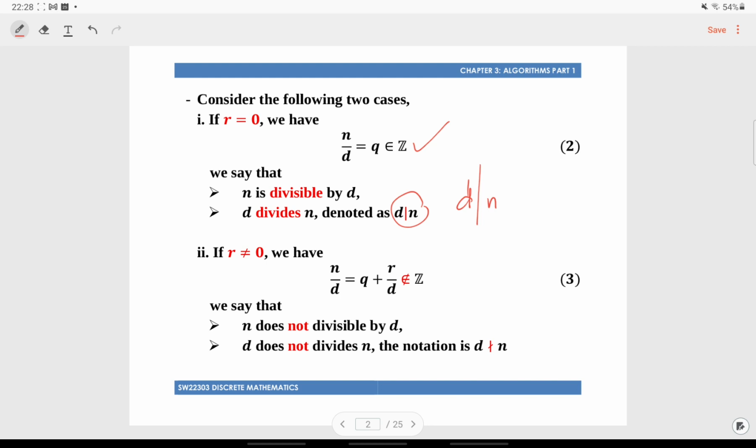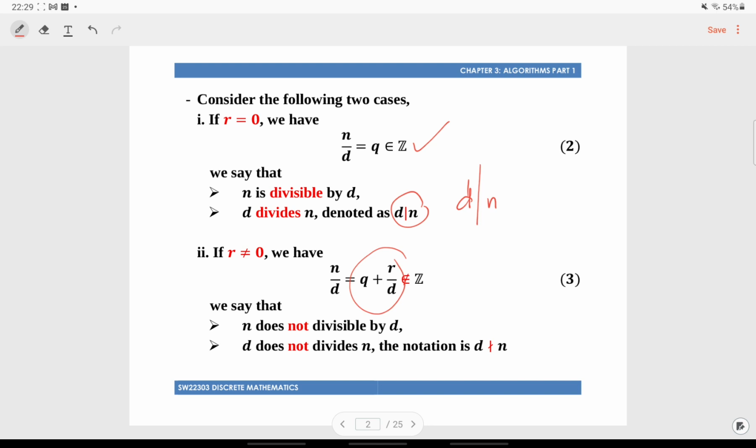If the value of the remainder is not equal to 0, that means we have the complete equation number 1. So we have n over d equal to q plus r over d, and this is a non-integer value. So if we have this situation when we divide n by d, the outcome is a non-integer value. What does it mean? That means n is not divisible by d, because when we divide n by d, we have a remainder not equal to 0.